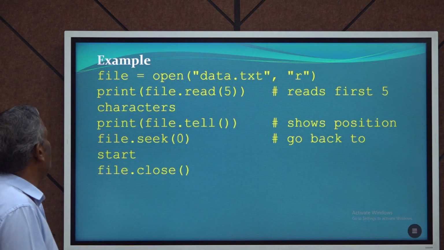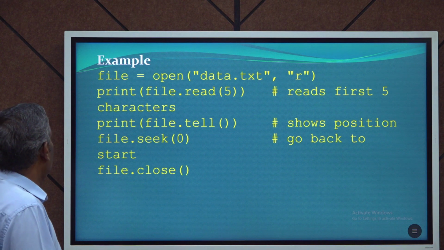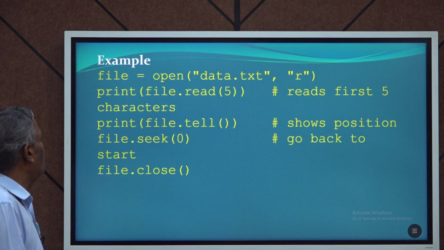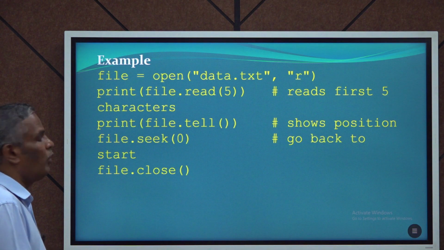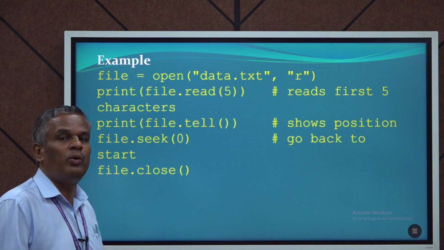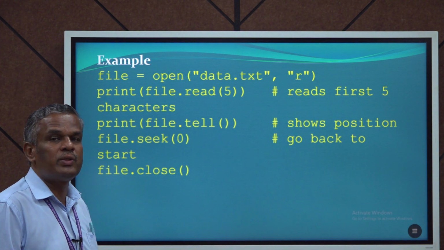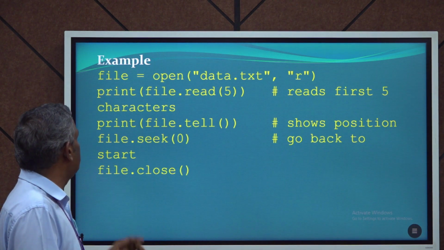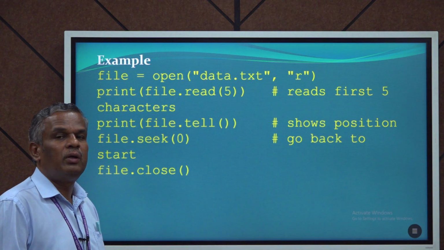Here is another example: file equals open data.txt, print file.read reads the first 5 characters. Then print file.tell shows the current position. File.seek 0 means that wherever the cursor is in the file, it moves to the starting position.